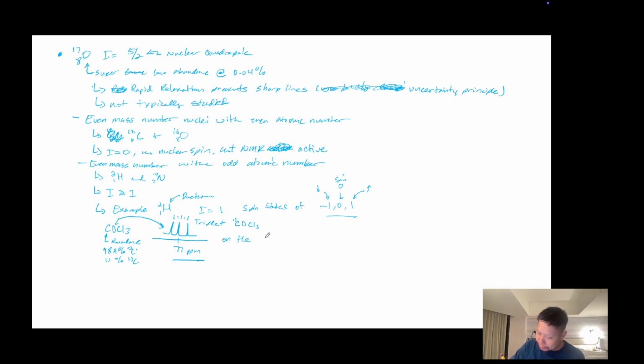I promise that says carbon-13 NMR. So three spin states represent the 3 peaks on the carbon-13 for chloroform D that are attached to the carbon-13.